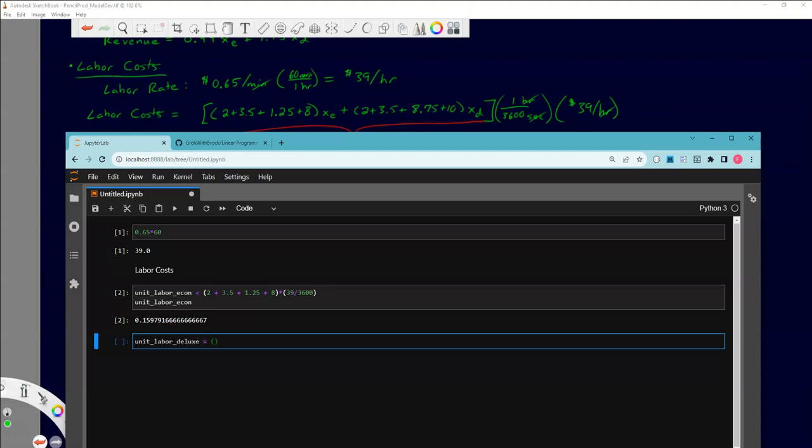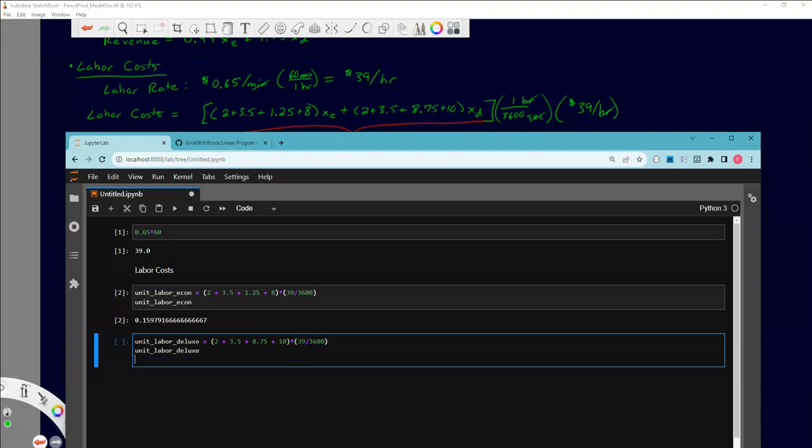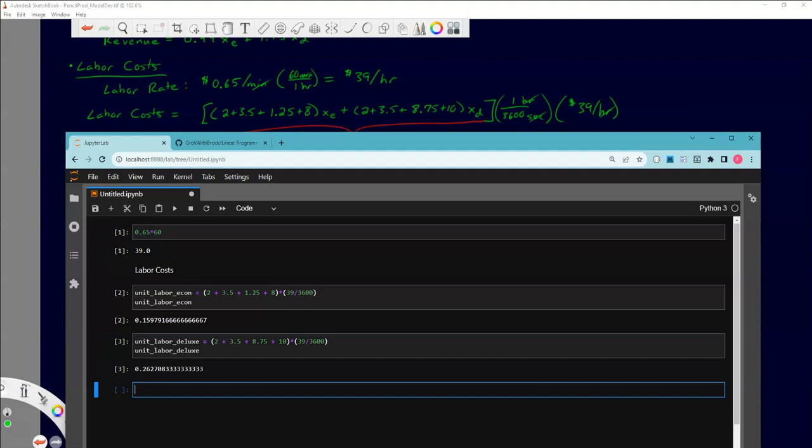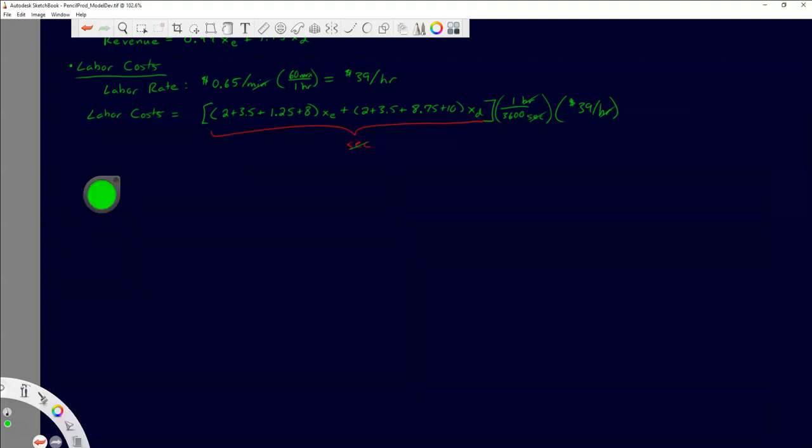And so we'll do a similar thing for the deluxe pencils. And 0.2627. All right, so that's looking good at this point. So 0.1598.